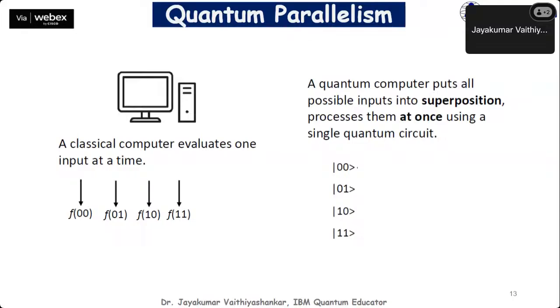For all these four input combinations, you can create the state function psi, and immediately it will do parallel processing. Suppose you have two qubits, you create superposition and do entanglement with the second qubit, it will do all processes simultaneously.